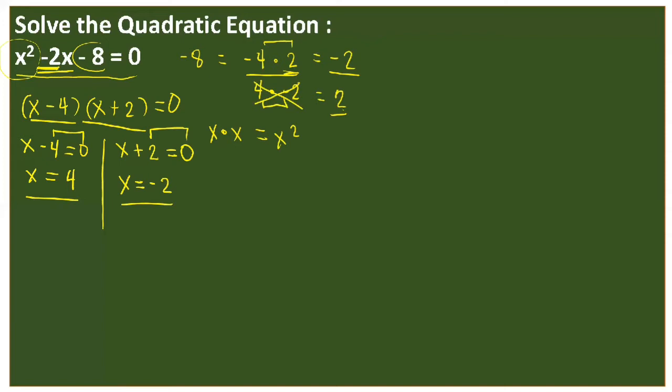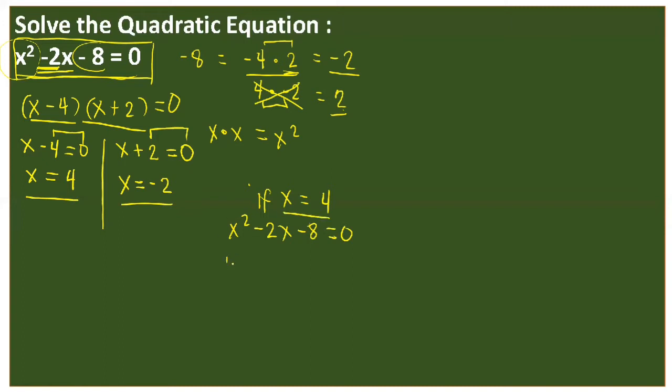Now, how are we going to check if these values of x, 4 and negative 2, are correct? We will substitute these values of x into our original equation. So let's try x equal to positive 4: x squared minus 2x minus 8 is equal to 0. Substitute the value of x.